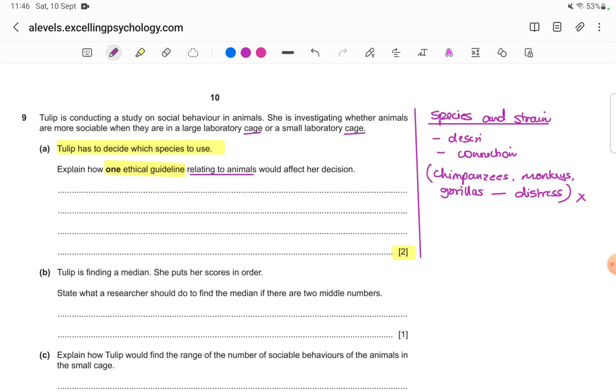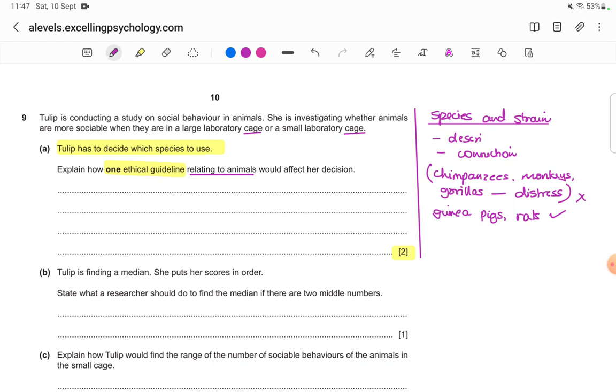Those animals can be taken who are usually accustomed to being in cages, who are many times bred for that very purpose, so they don't undergo a lot of distress. Like we have the guinea pigs in the laboratory, or we have rats. They are a more suitable species. So this is what we can consider.